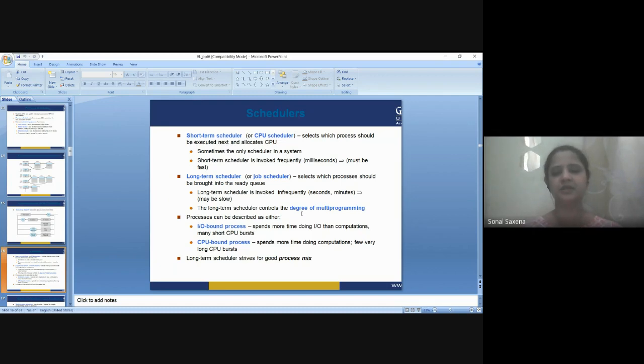A process can be described as an input output bound process or a CPU bound process. An input output bound process spends more time doing input output than computations, right? And a CPU bound process spends more time doing computations, and it has a very long CPU burst time. So the long-term scheduler strives for a good process mix. It is always required to do so.